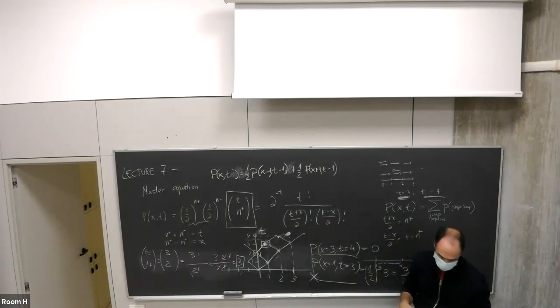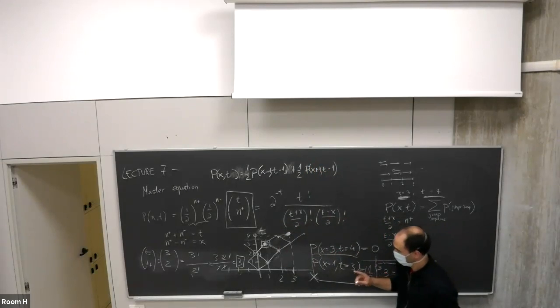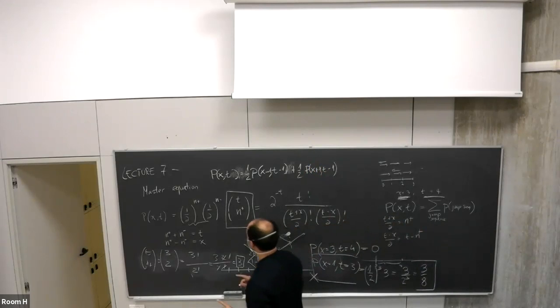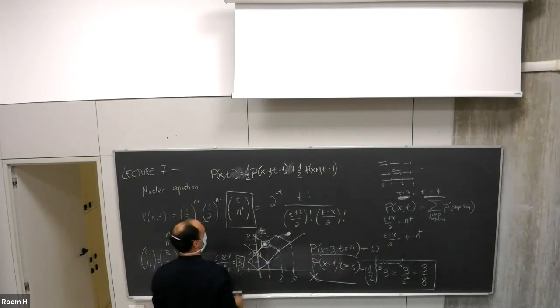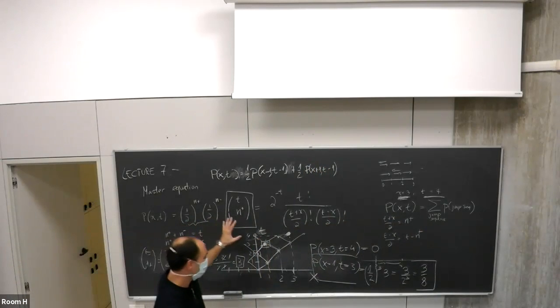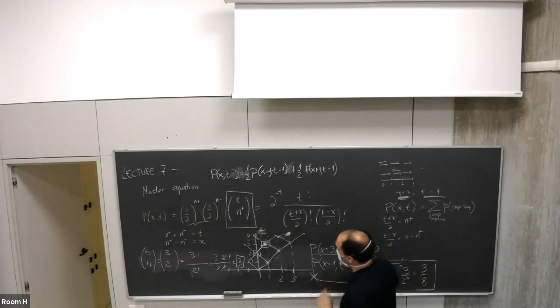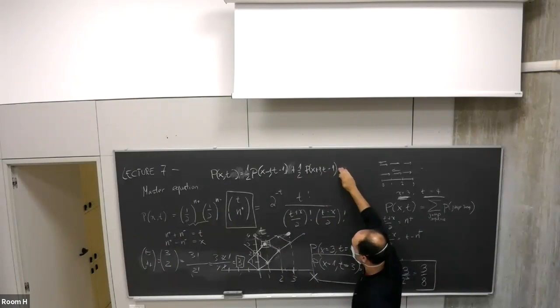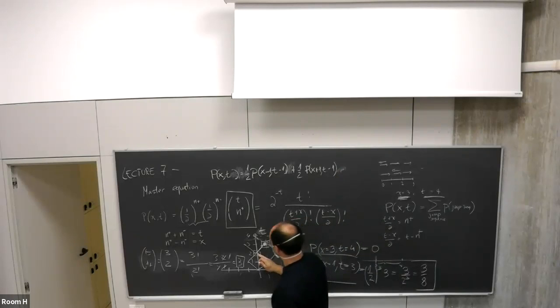This is the influx of probability to (x,t). You all follow? Yes. And then there's also escape. So you will also escape from P(x,t). This is the gain, and then there's the loss. So P(x,t), actually from time t, you can gain from t minus 1.